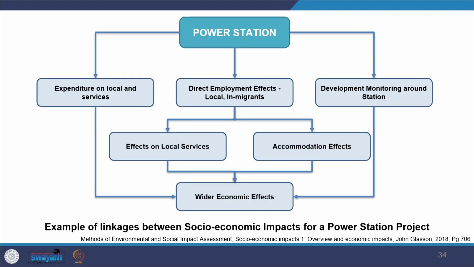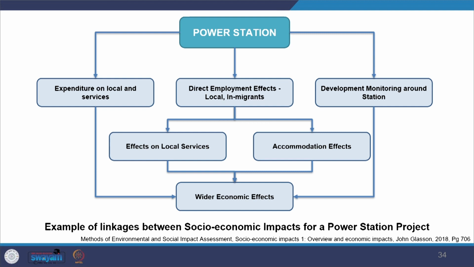So here in the diagram, you can see the example of this project, and then you can see how it generates expenditure on the local goods and services. It can make it expensive or cheaper. Then you can have direct employment effect, local, and then you can also have in-migrants. Then you can also have the monitoring, which will take around the place.